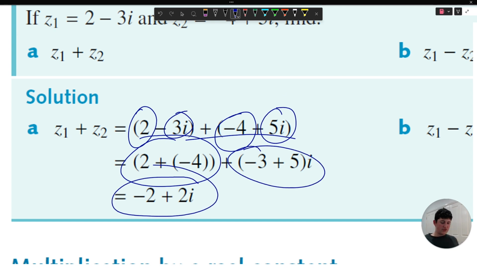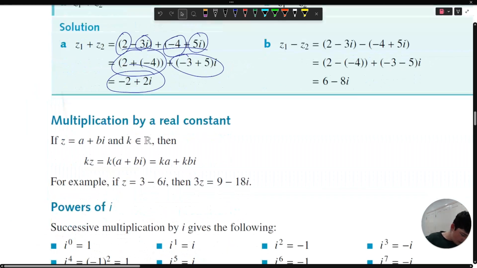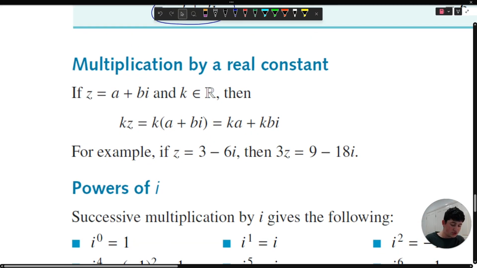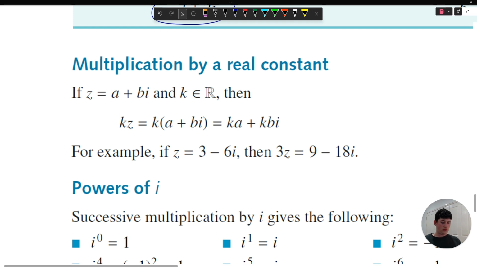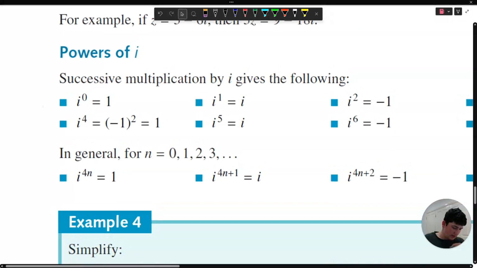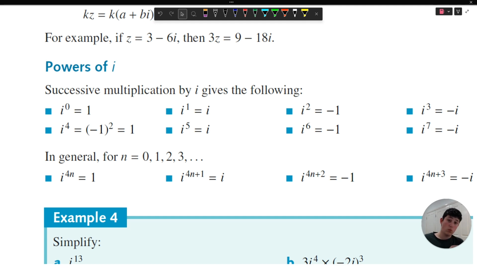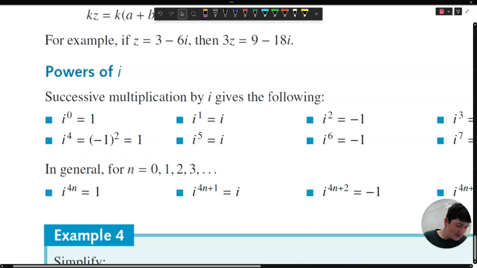In the end, we're left with negative 2 plus 2i. Now, multiplication by a real constant is exactly the same as every other algebra. You don't need to learn that. You're taking specialist mathematics and hard mathematics. I don't have to teach you that.